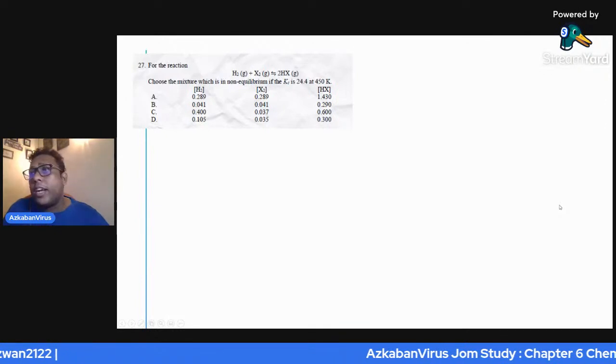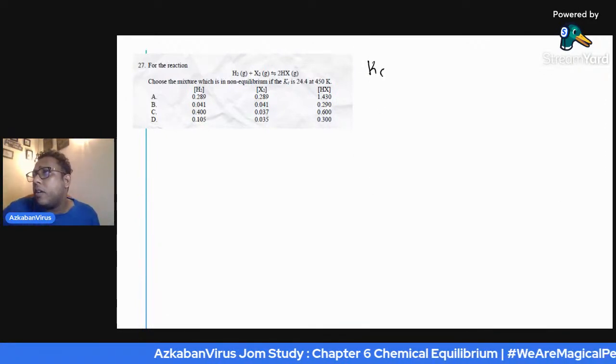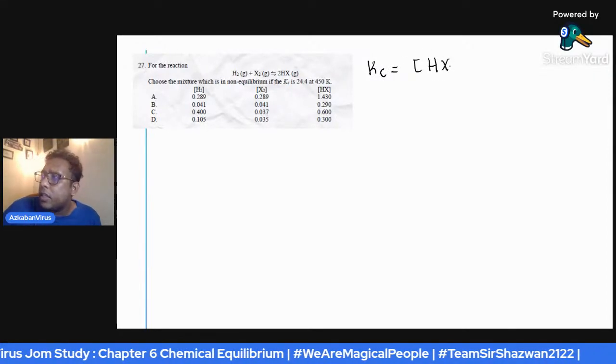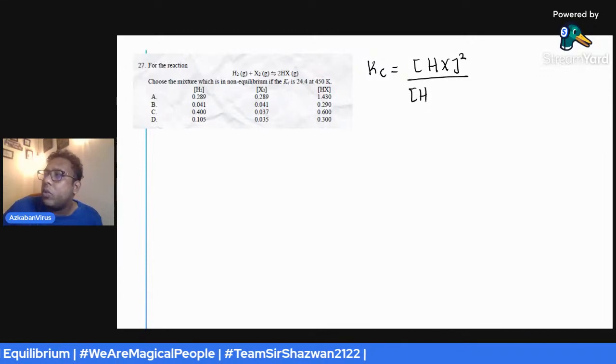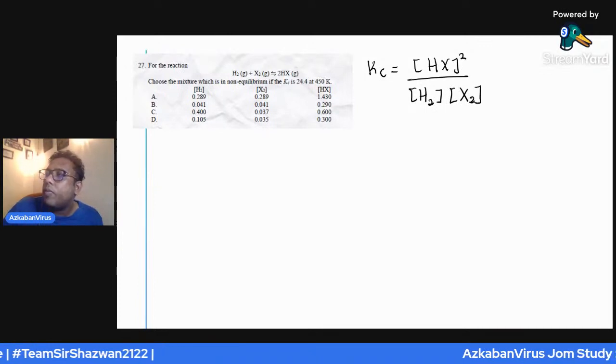This means that you have to calculate Kc untuk setiap satu. We know that Kc is equal to concentration of HX squared bahagi concentration of H2 darab concentration of X2.